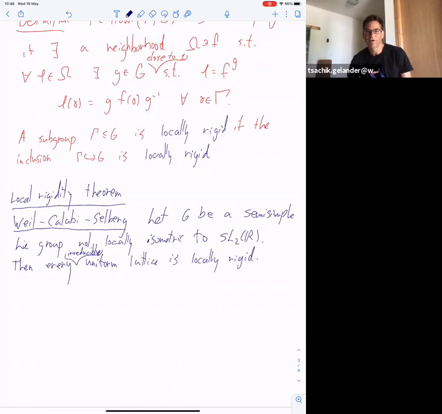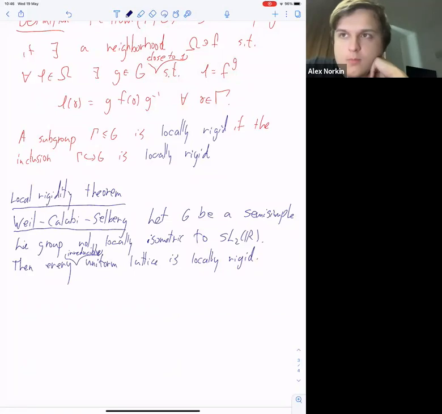I don't see why the proof cannot be generalized to the general case, and it's a very clever proof. So I think it should be done at some point.